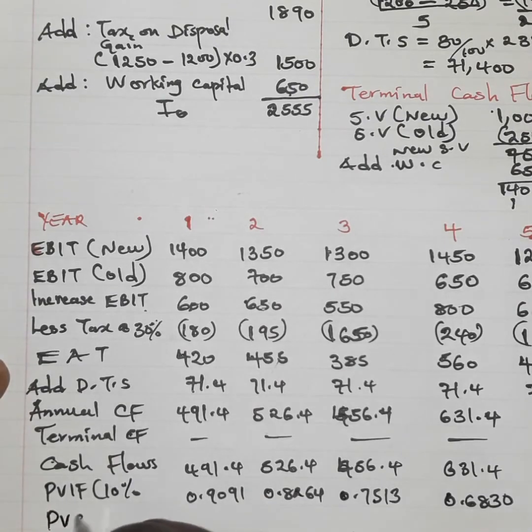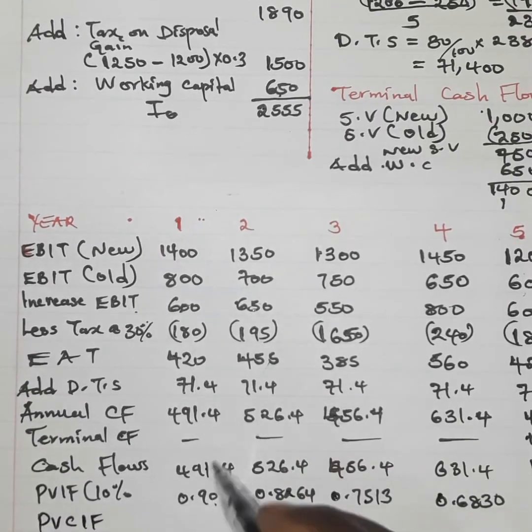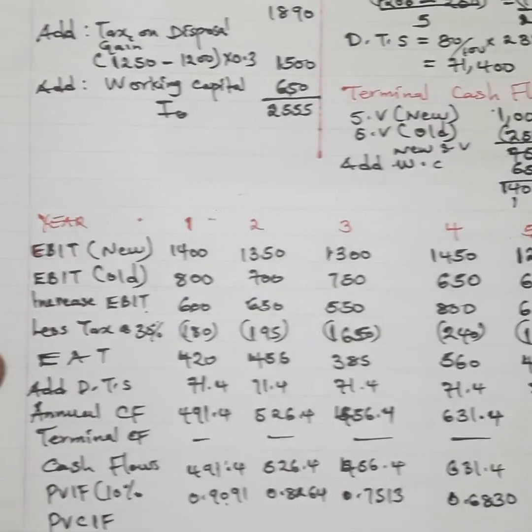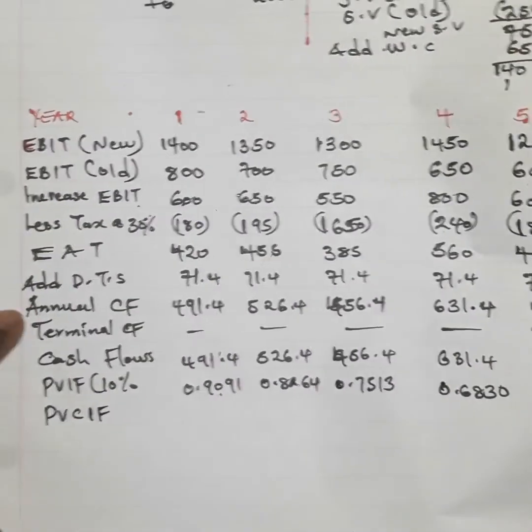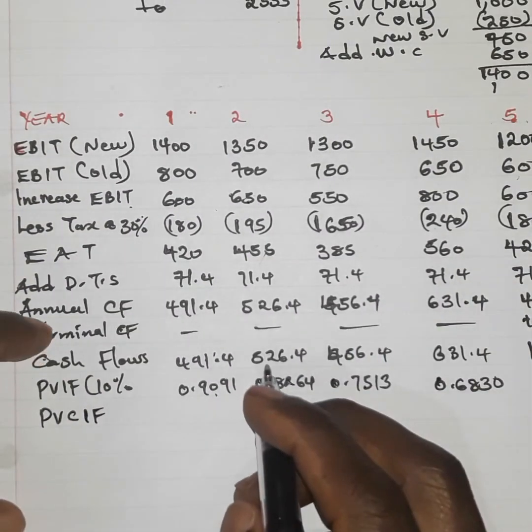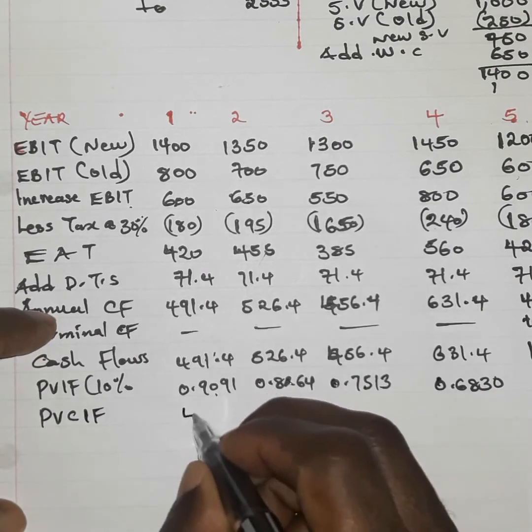So when you multiply these two, you're supposed to get what is known as the present value cash inflow. And when you multiply these two by this one, it's supposed to have a value of 446.73.